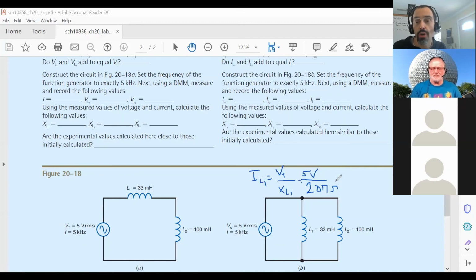What do we get for L1 for current measured? Jeff, what did we get for current when we measured it? We got 22.64. Okay, so we came up with 24.1. Not bad at all.